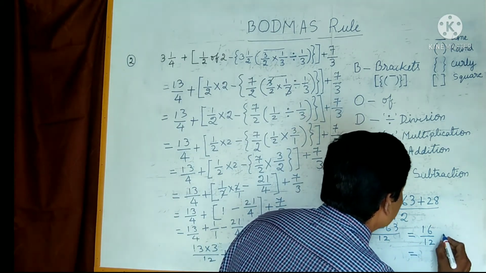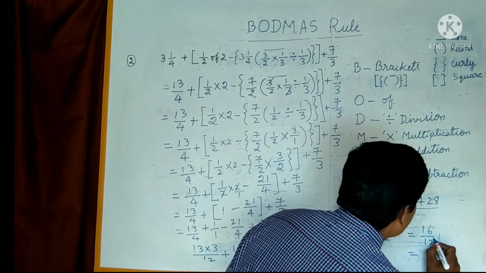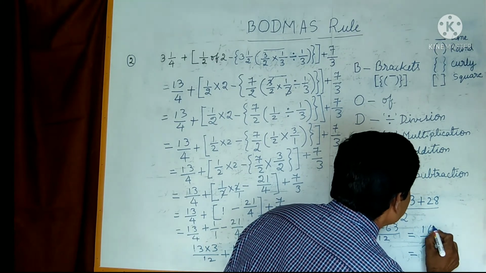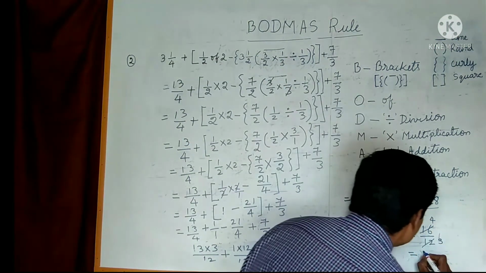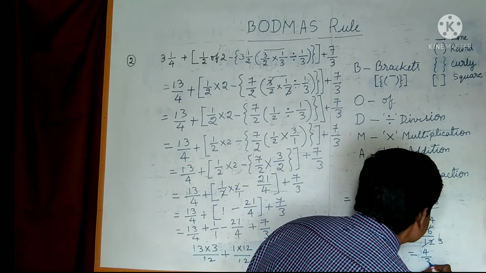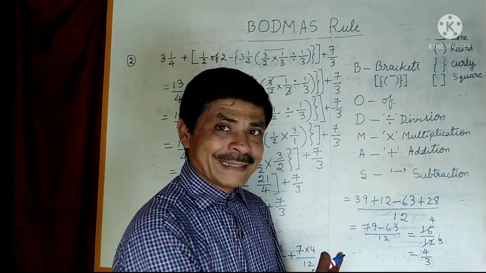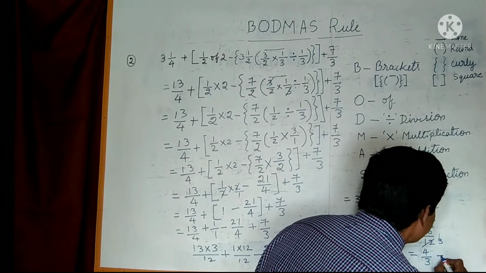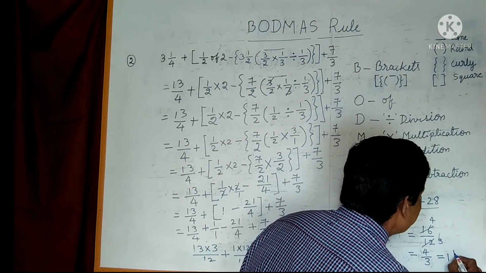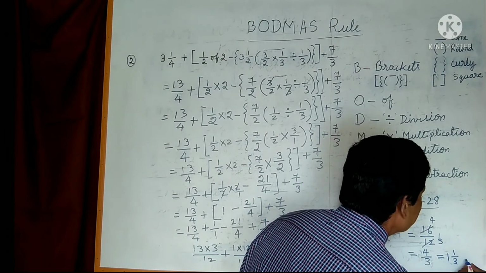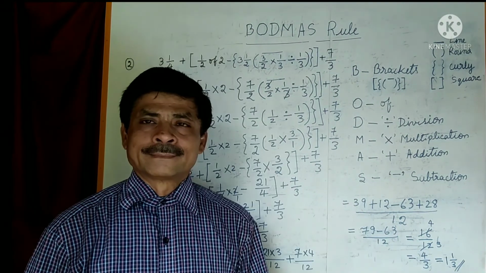This is equal to 4 3s are 12, 4 4s are 16, so 4 by 3 is your answer in improper fraction, and in mixed fraction 3 1s are 3, 1 is the remainder, and by 3. This is your answer in mixed fraction.